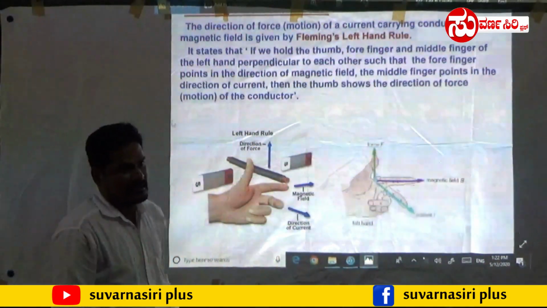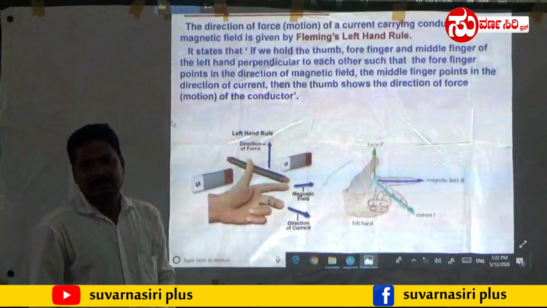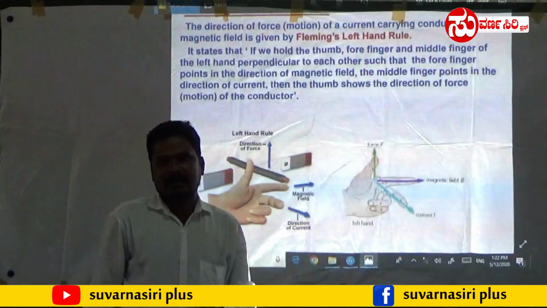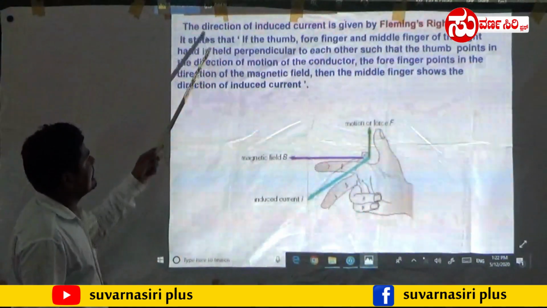These rules are applicable and helpful in the electric motor. And next, Fleming's right hand rule.